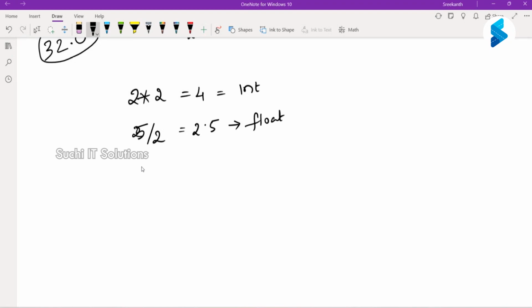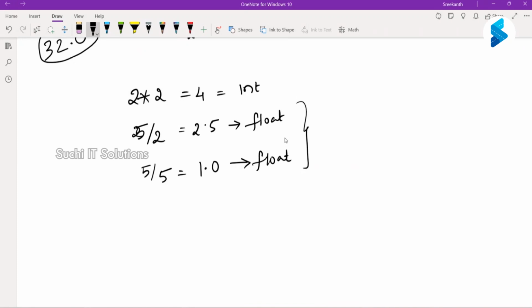In the same way, even if I take 5 by 5, it also results in a float, 1.0. Every time I use a division, it always results in a float. Division will always return a float value.